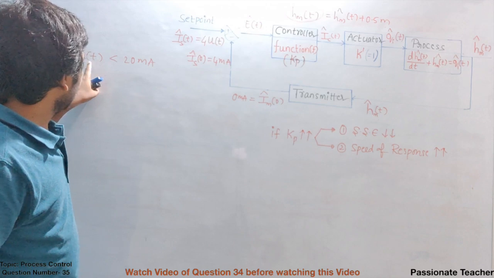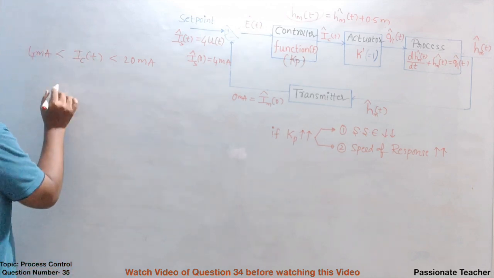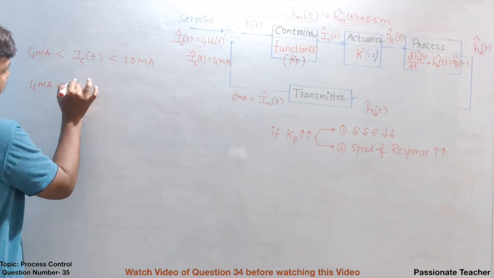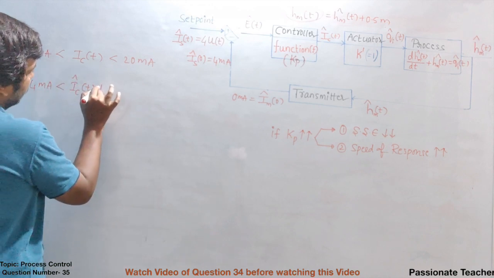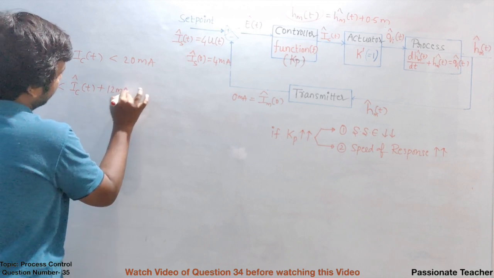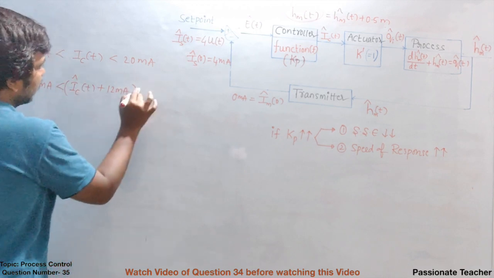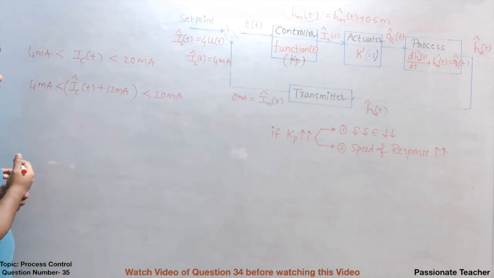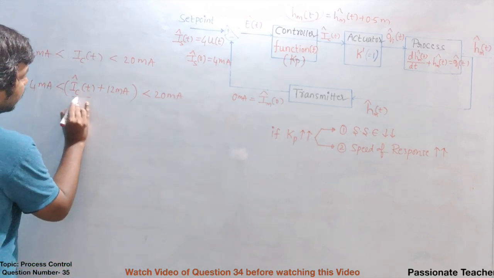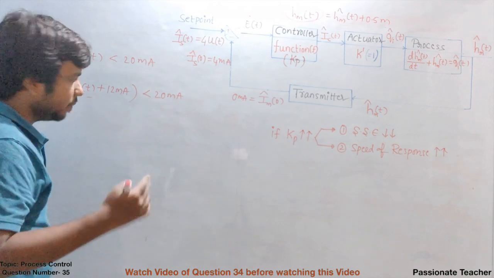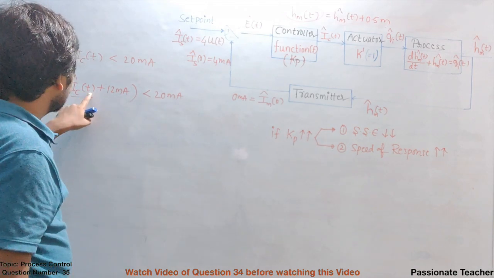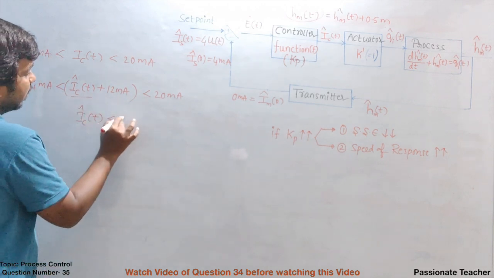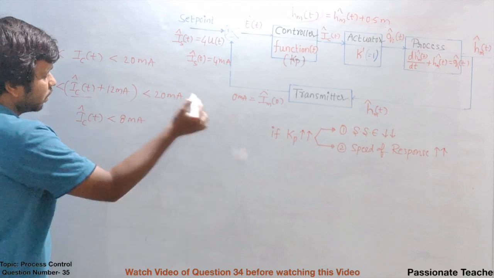But unfortunately, if you look at IC of T, we know that IC cap of T plus the initial current 12 milliampere, whole should be less than 20 milliampere. So that means IC of T, for the extreme limit, should not be more than 8 milliampere. This is the fundamental line you should remember.